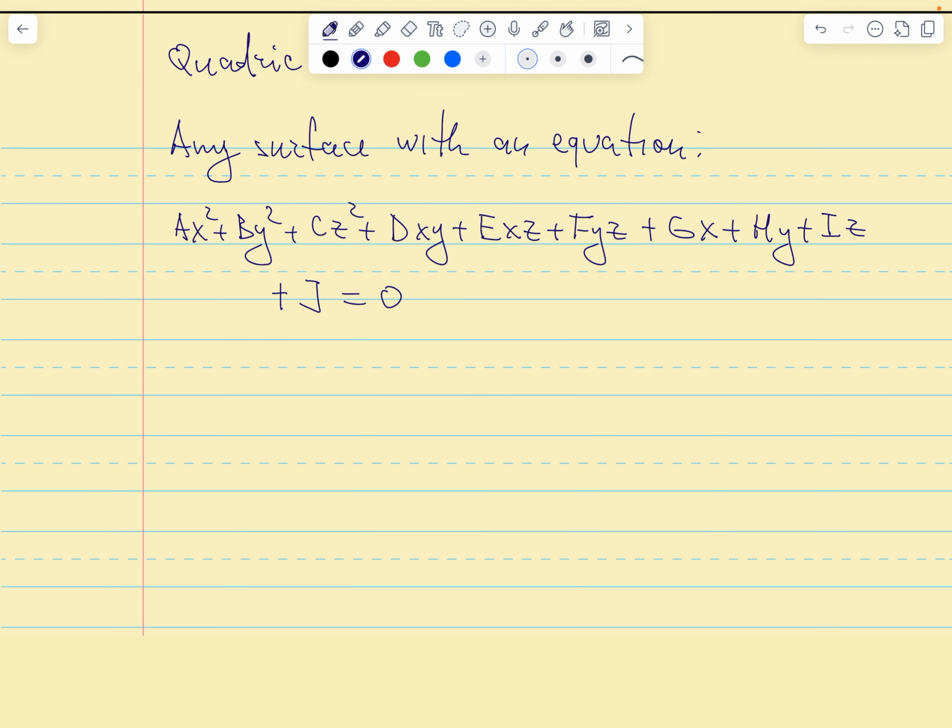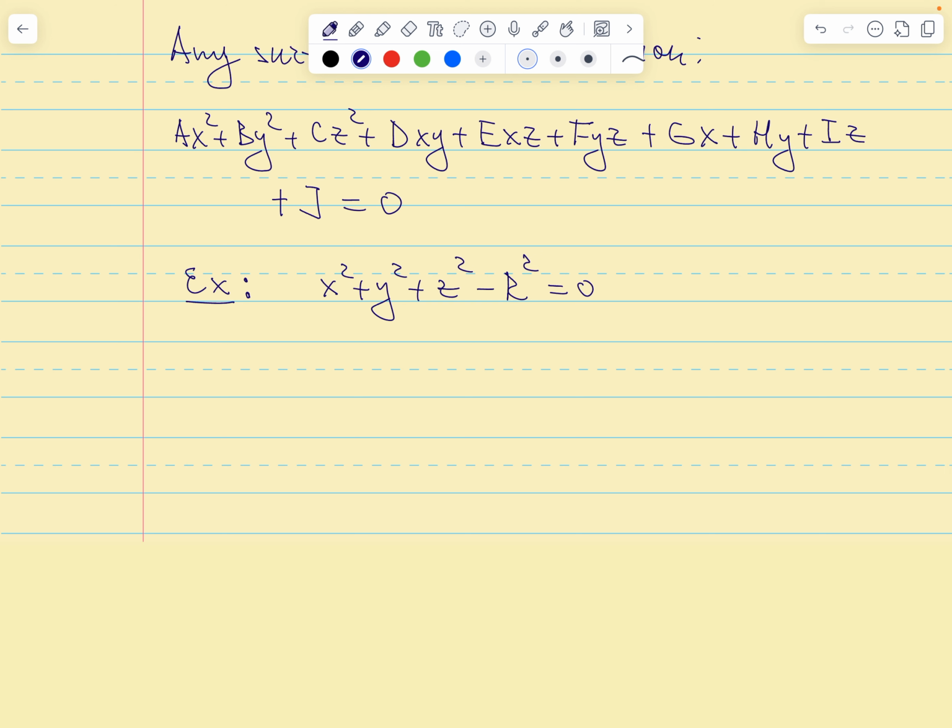So first, actually, still an example. What if I have an equation x squared plus y squared plus z squared minus r squared equal to 0? That's a single equation in 3D, as we previously discussed. That means that this equation will define one surface. And is this surface recognizable? I claim yes, because we already sketched this surface before.